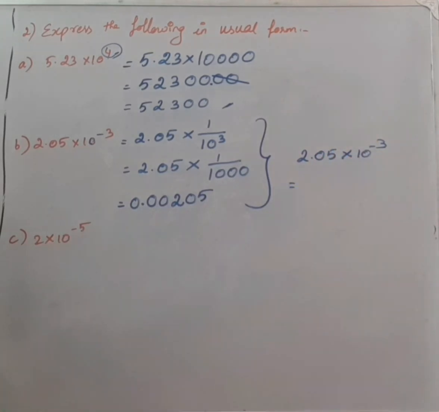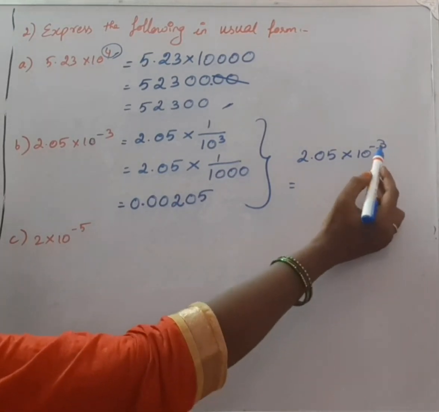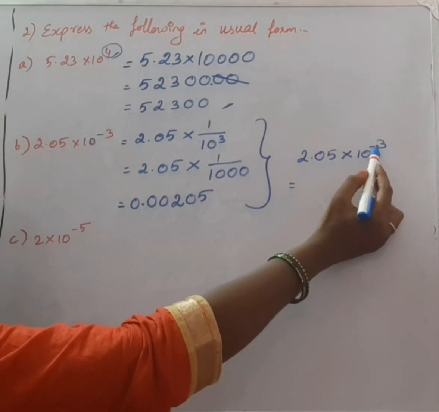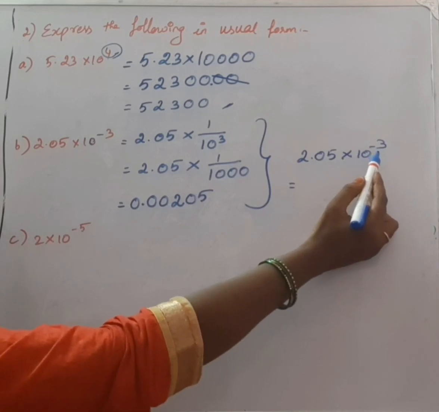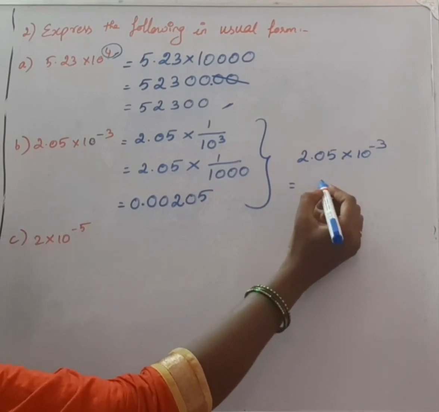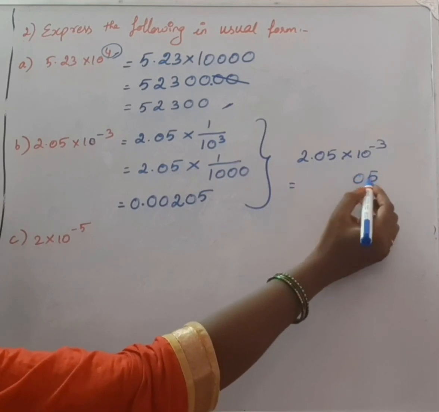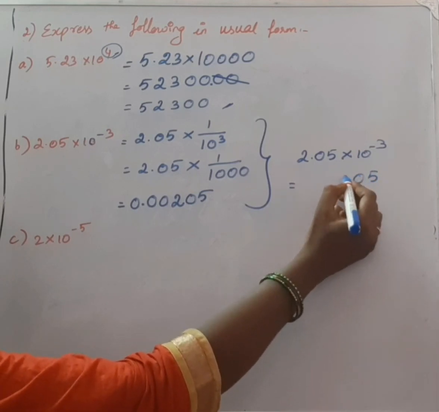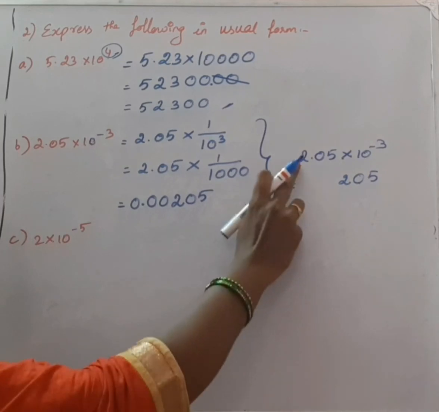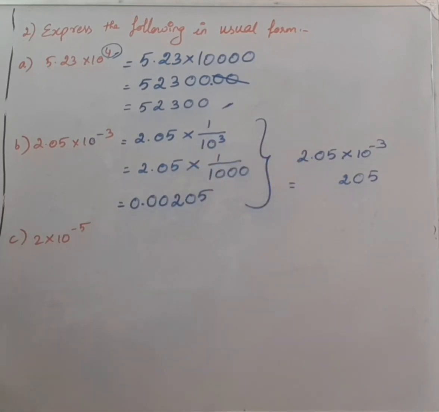What is the number given in the power? 3. Very good. So what we want to do here is write the number as such: 2, 0, 5.